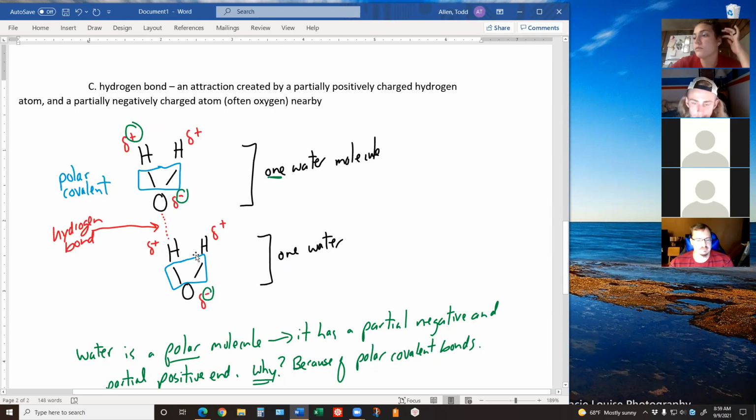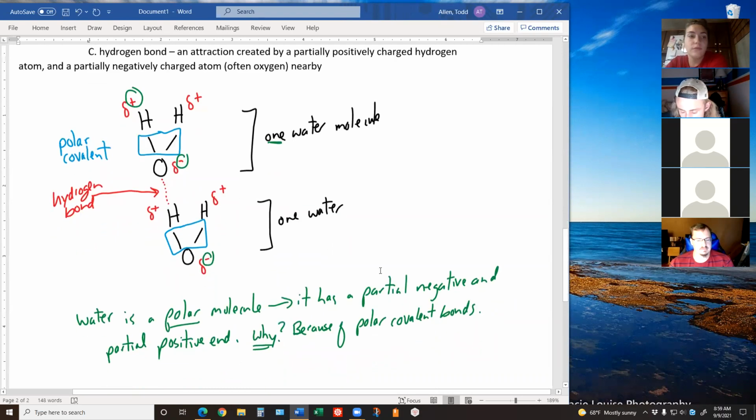On the bottom water molecule, the top hydrogen has a partial positive charge. So we have a negative sitting next to a positive, like the positive end of a battery next to the negative end of another battery. That allows the current to flow, if that's what your analogy is. This allows for the attraction between the two water molecules to form, which is the hydrogen bond. Yes.